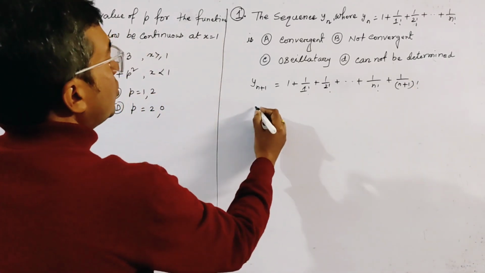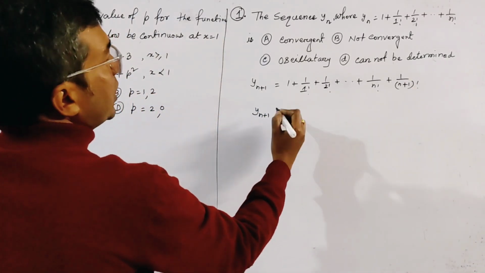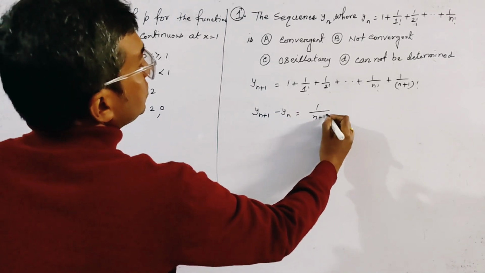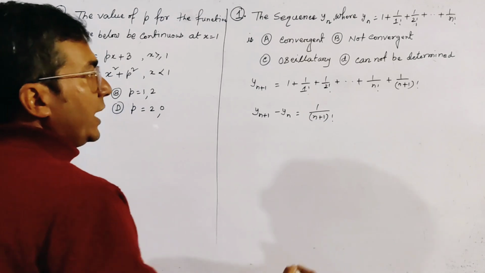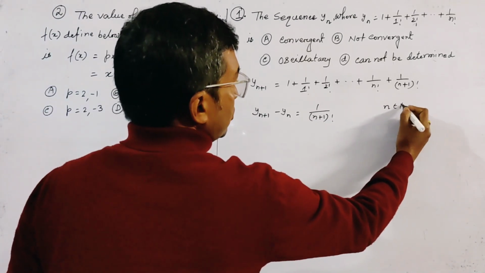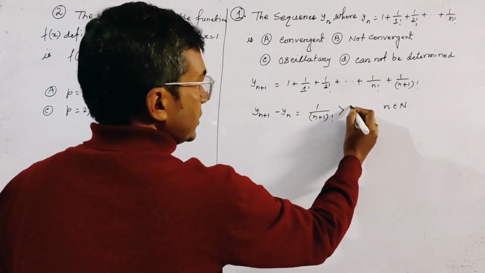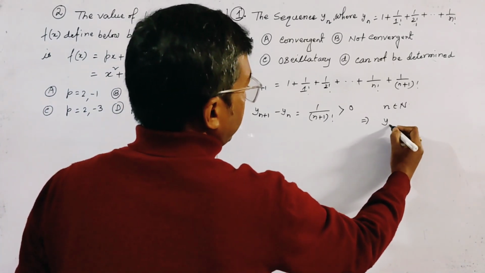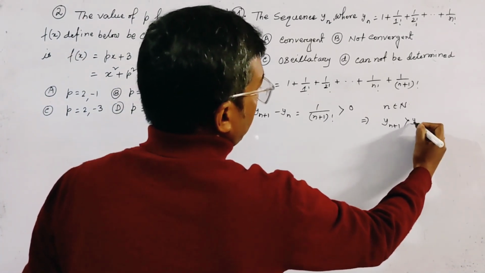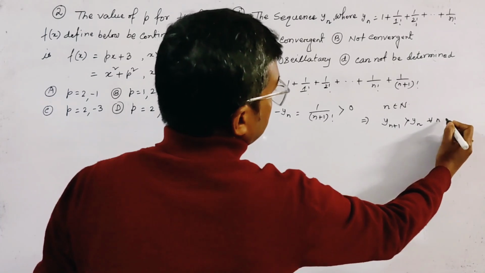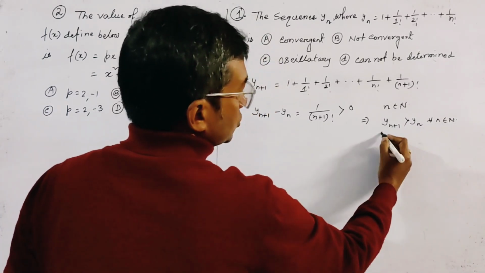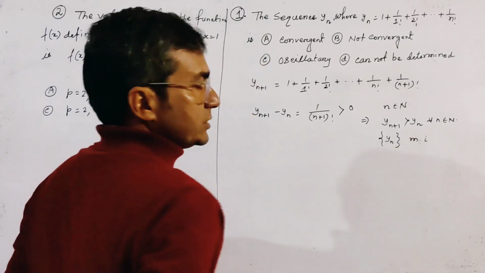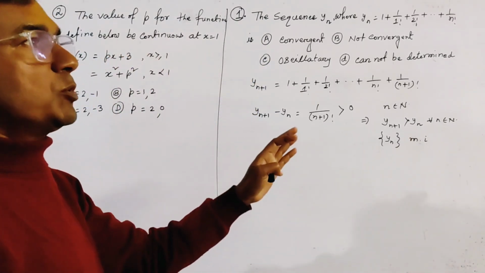So yn plus 1 minus yn is clearly 1 by n plus 1 factorial, and since n belongs to capital N, this is greater than 0, and we write yn plus 1 greater than yn for all n belongs to capital N. So the sequence yn is monotonic increasing. This is the first property we prove.